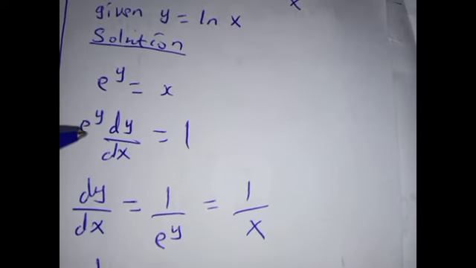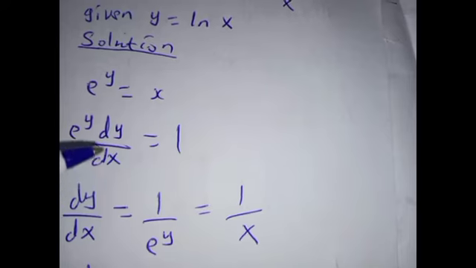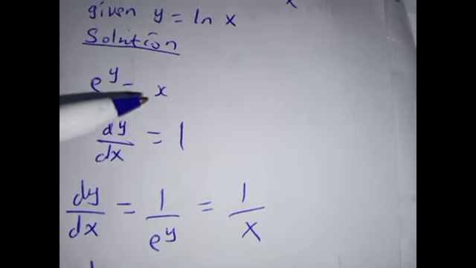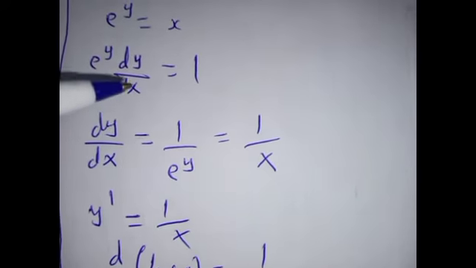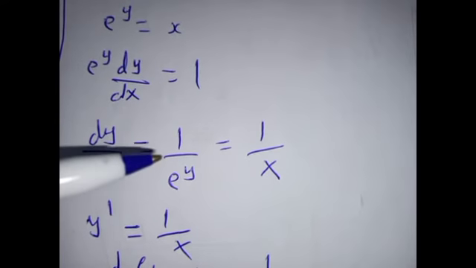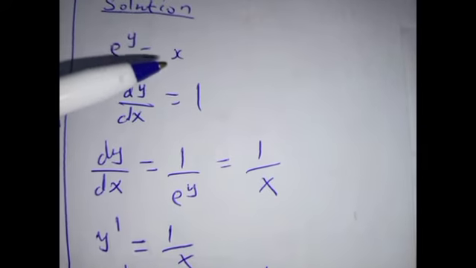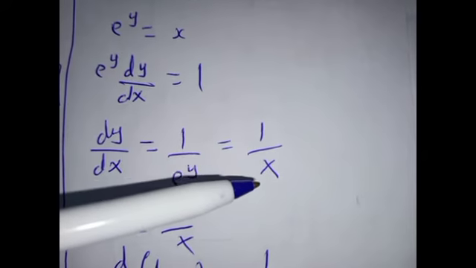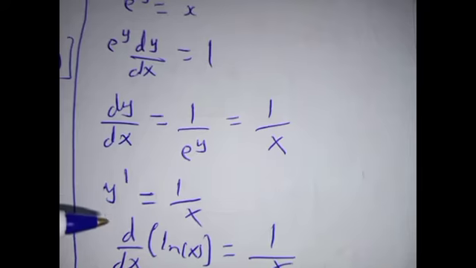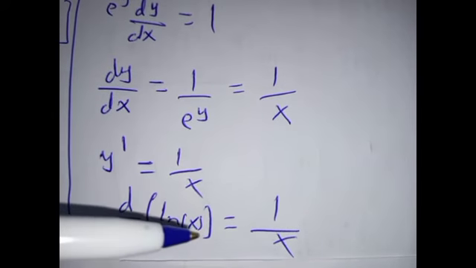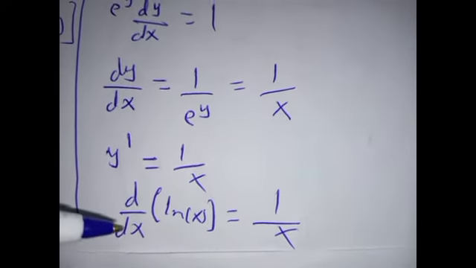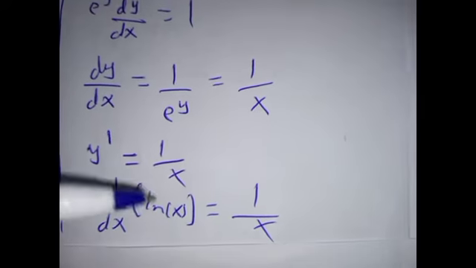You get exponential power y dy over dx is equal to 1, since x differentiated is 1. Then you divide both sides by exponential power y to be left with dy dx. Now exponential power y is equal to x. So dy dx is 1 over x, meaning that when you differentiate natural logarithm of x with respect to x, the answer is equal to 1 over x.